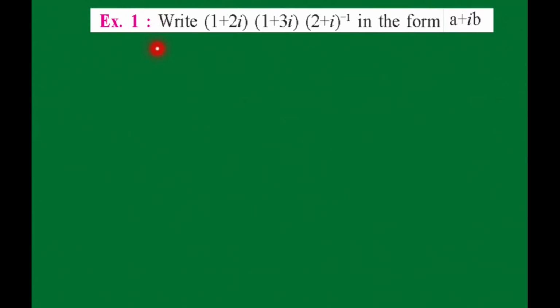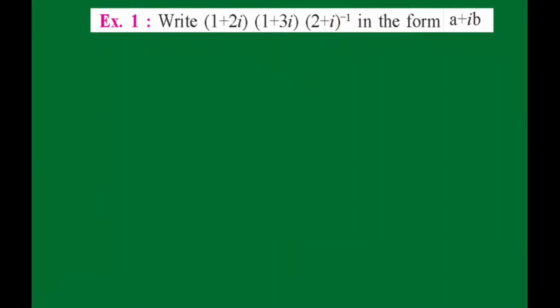Now see another example. Write 1 plus 2i, 1 plus 3i, 2 plus i raised to the power minus 1 in the form of a plus ib. So we have to multiply and divide these three terms. So first we write this power minus in the form of plus.